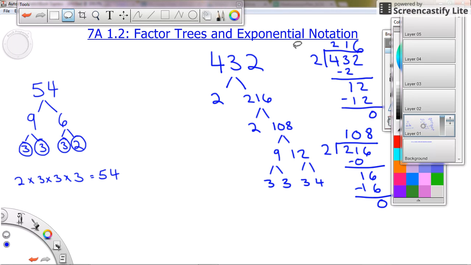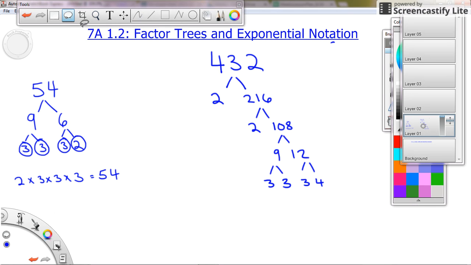Let's go ahead and get rid of this work here. And 4 is going to be 2 times 2. Now here it's more important that we circle our prime factors. Before, we could see them in a nice line. Here I actually have to circle them. So let's see, I've got 2, 2 is prime, 3 is prime, there's another 3 and another 3.